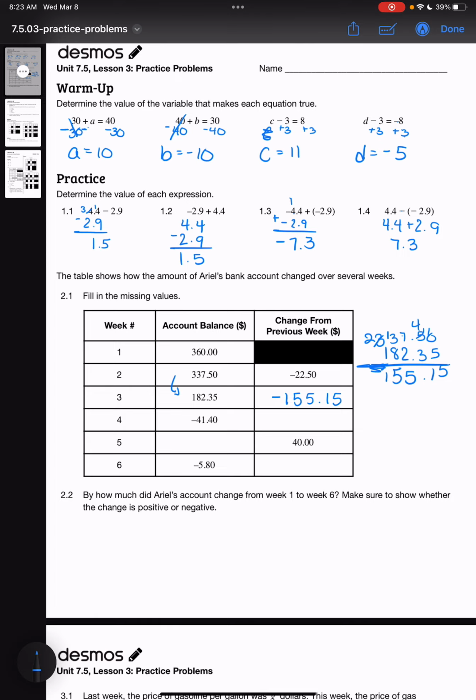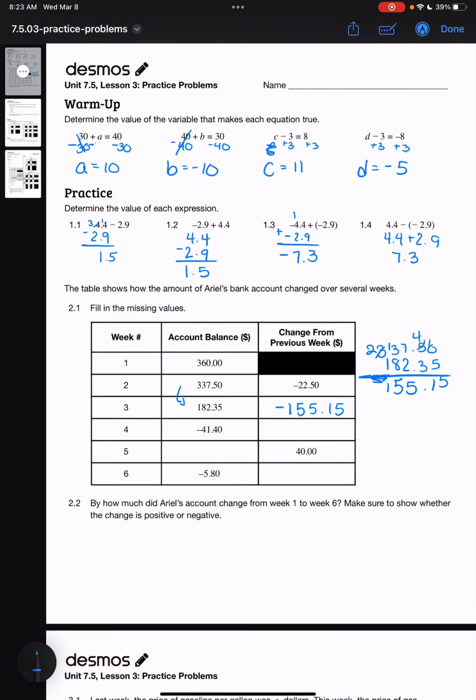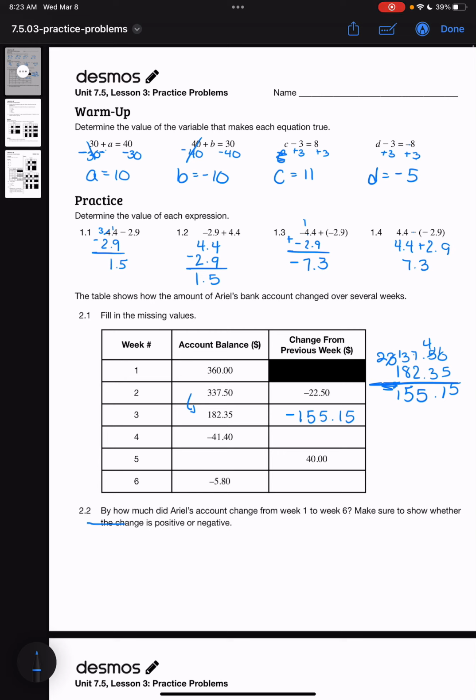So I would have $182.35, and I'm going to subtract negative 41.40, which in turn means I need to add them.